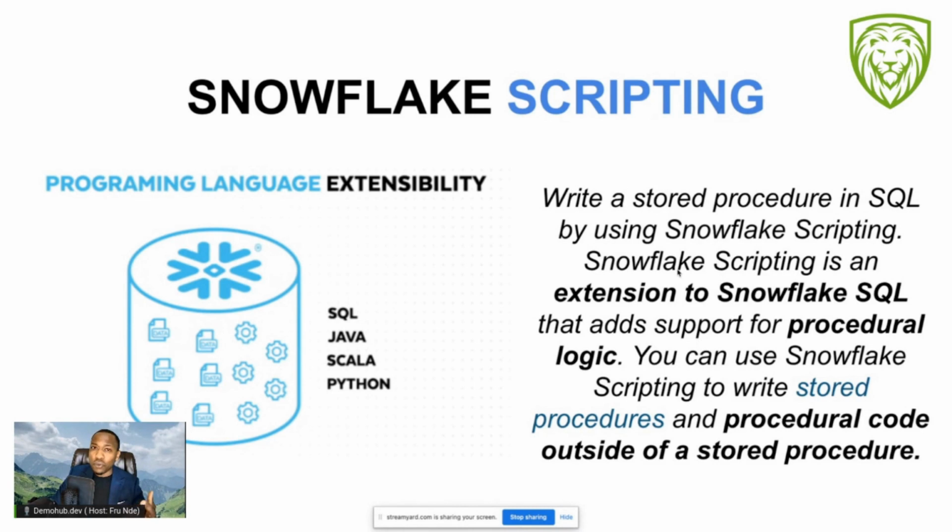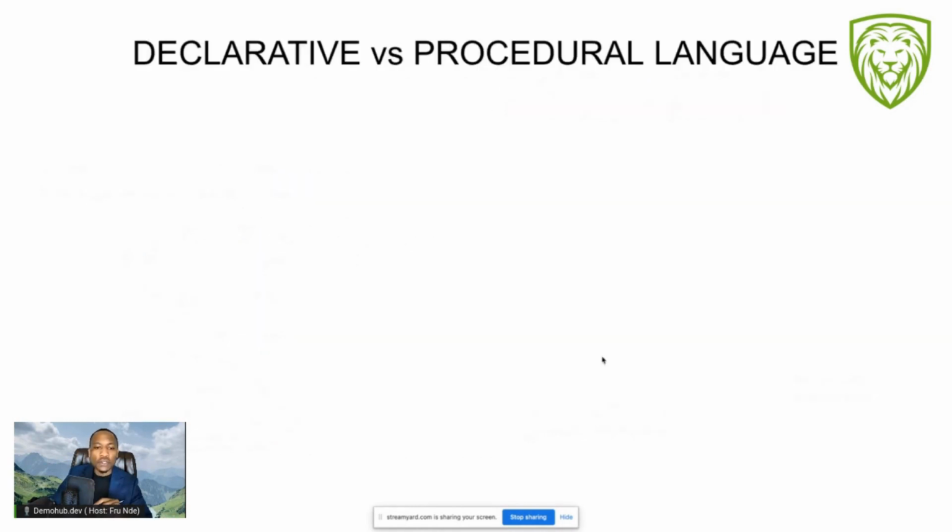You can do more procedural logic using SQL and run that as stored procedures or outside of stored procedures. It's a lot of stuff there. It's very dense, but we're going to unpack all of that as we go through in the demonstration. What exactly is Snowflake scripting and why should we care? Let's go into scripting, because there is a reason why it's called Snowflake scripting and not just Snowflake SQL, and we're going to see why.